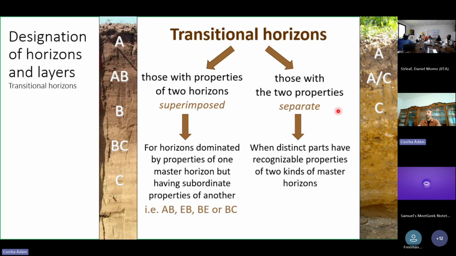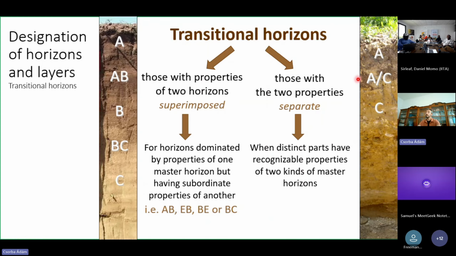The other scenario is when we have separated properties, when distinct parts are recognizable in one horizon. This is marked with a slash between two master horizon letters. What does this mean?